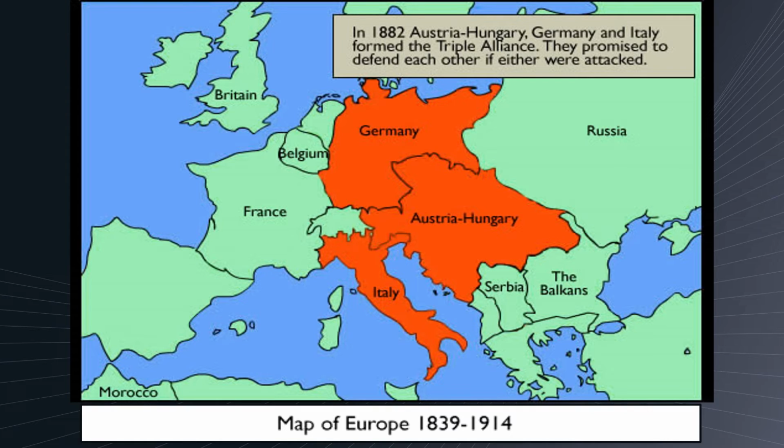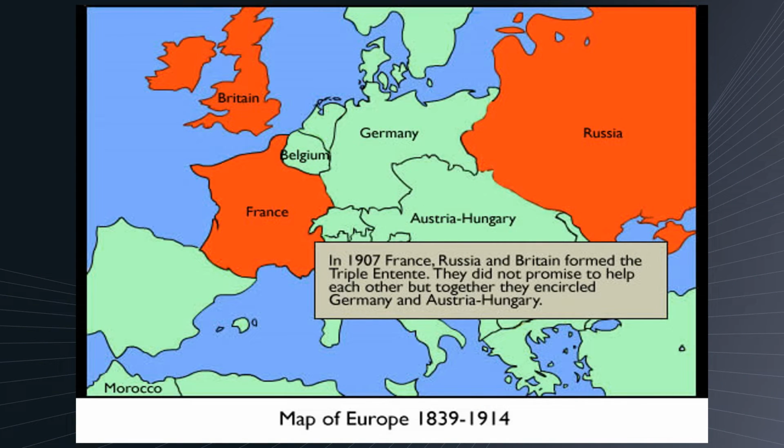And over in the south of Russia, we have where currently the Ukraine is, since that's in the news and a lot's happening right now, worth pointing out. Then in 1907, Russia joins with Britain and France. They didn't say will necessarily help each other, but they're allied and they're surrounding Germany, Austria-Hungary, Italy.